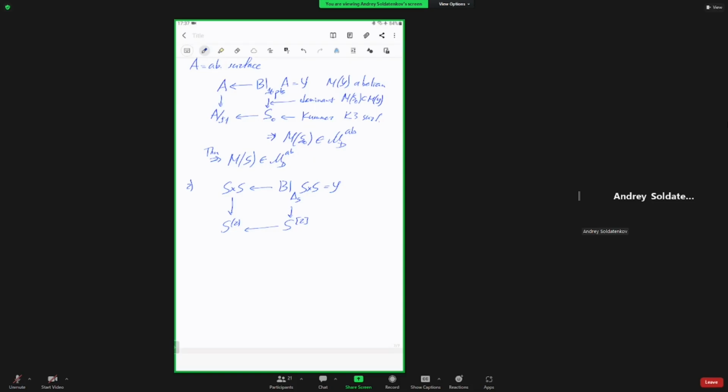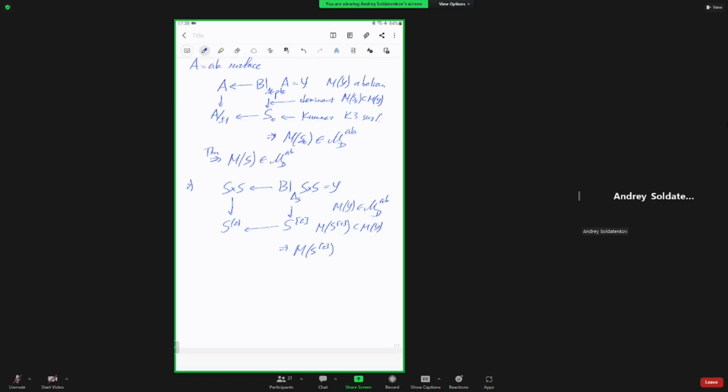Since this category of abelian motifs is a tensor subcategory, it is closed under taking tensor products, and the motif of S times S is again abelian. Then we blow it up along the diagonal. The diagonal is also a K3 surface, so its motif is also abelian. So again, we conclude that the motif of Y is abelian. And then again, the quotient map to S2 is generically finite, so the motif of S2 will be embedded into the motif of Y. So it is again abelian.